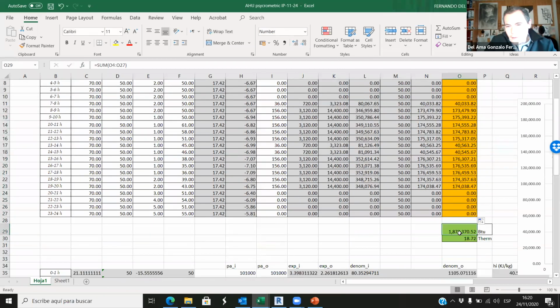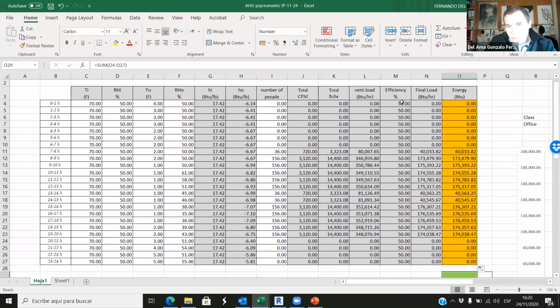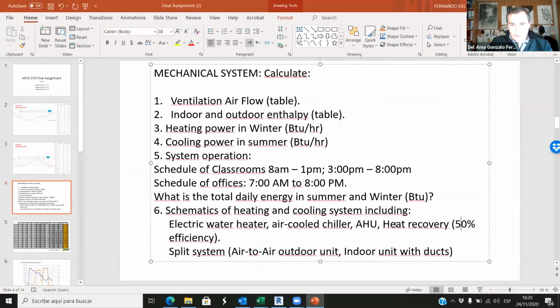So this is the final energy. It should be half the energy that we had without the 50% efficiency. Okay, so we have a heat recovery, a 50% heat recovery. So this is a way to save energy on the heating or cooling systems, okay?